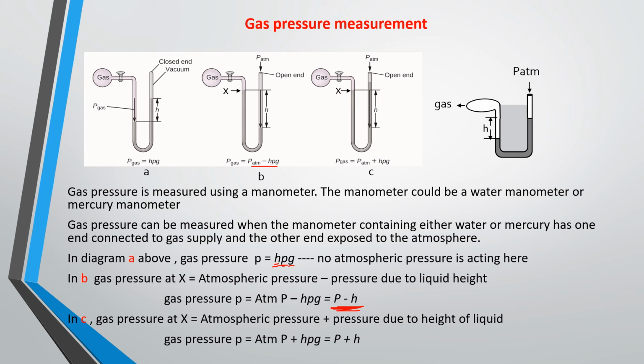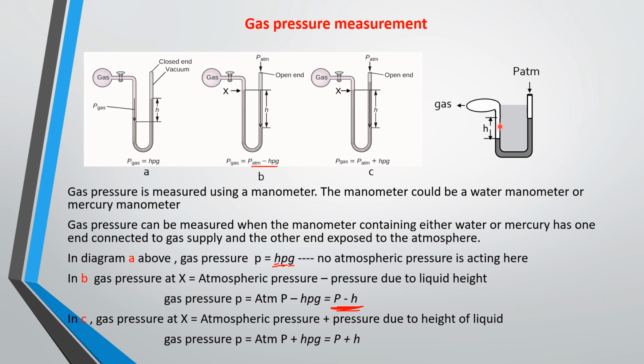Then for diagram C, you see that the height of the mercury on the arm that the atmospheric pressure is acting on is lower than the height of mercury on the arm that the gas is acting on. So here the pressure of the gas is equal to the pressure due to the atmosphere plus the pressure due to the difference in height.